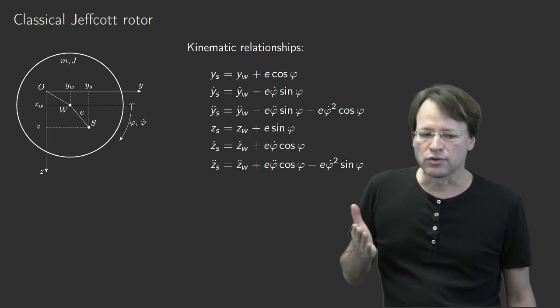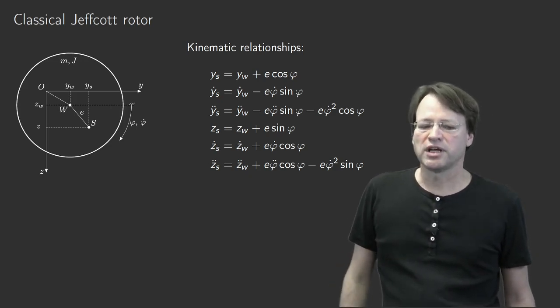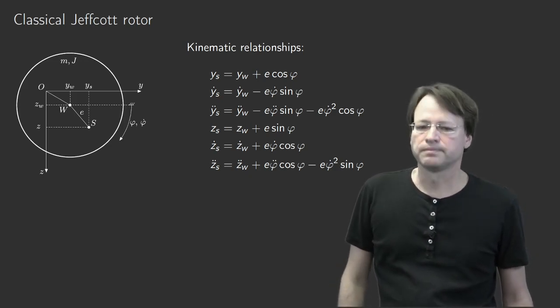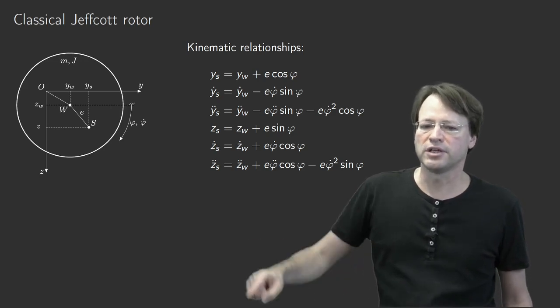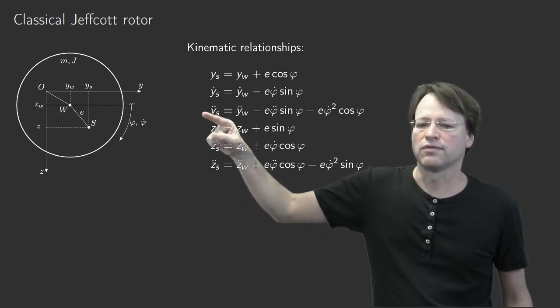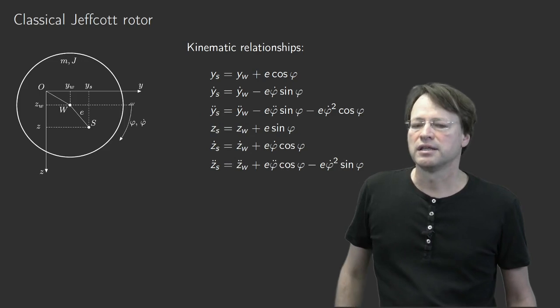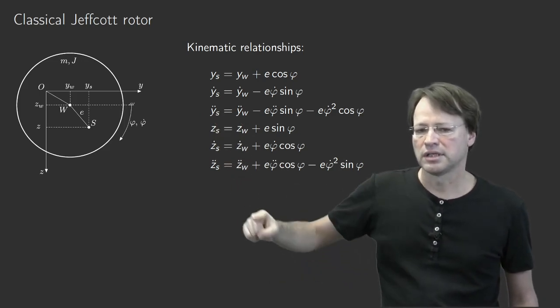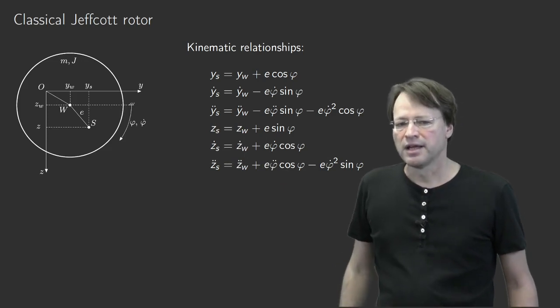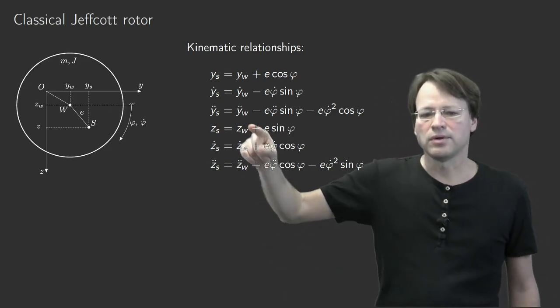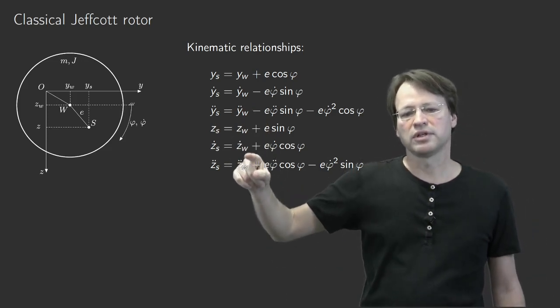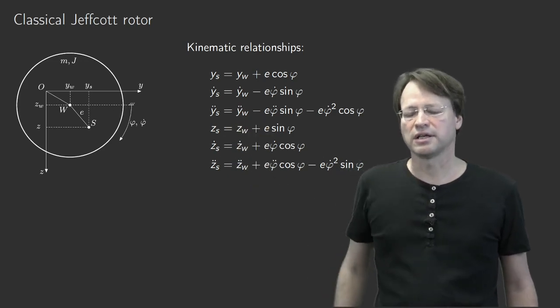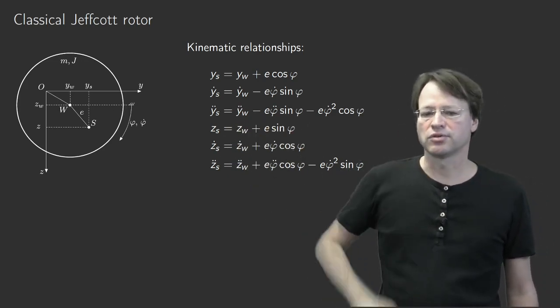So what do we have to change then? Well, we have to change the first two equations. In the first two equations, we had products of the mass times the acceleration of point S in lateral and in vertical direction. As you can see, what you get now is the same here for point W, so mass times the acceleration, but you get some additional terms.